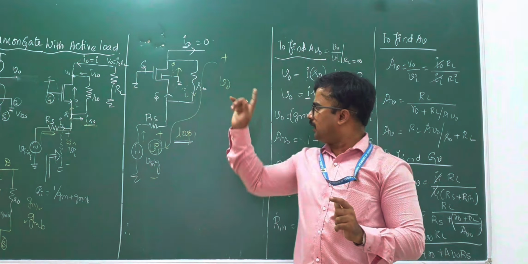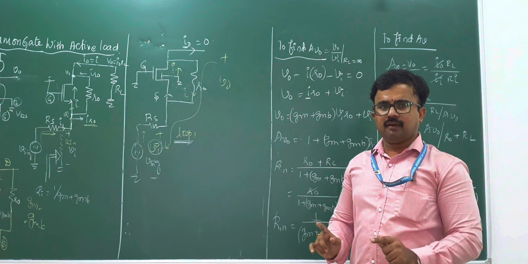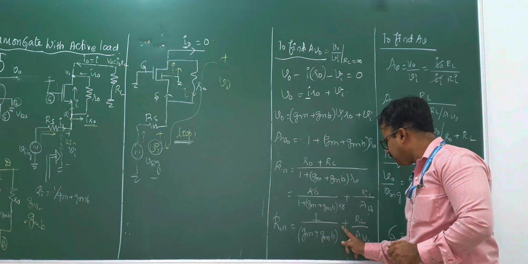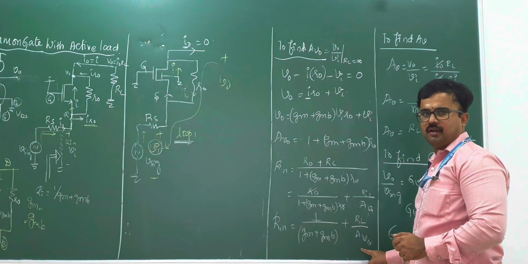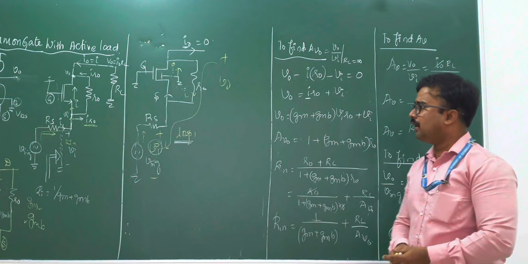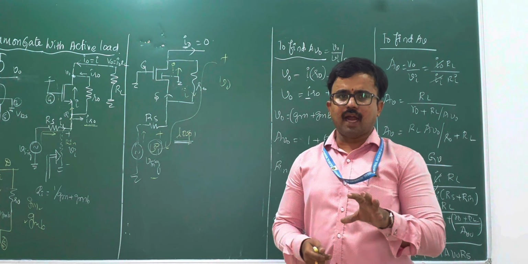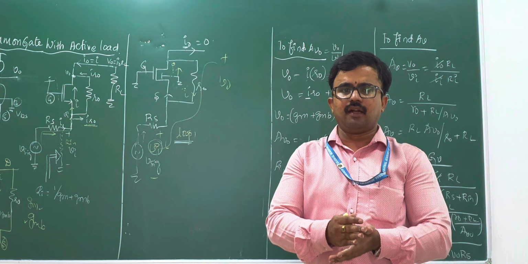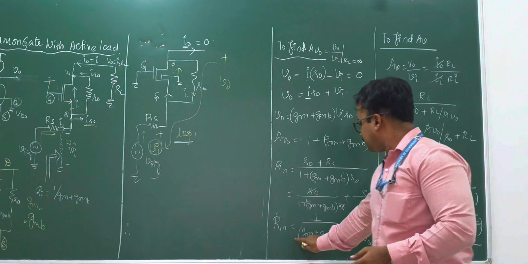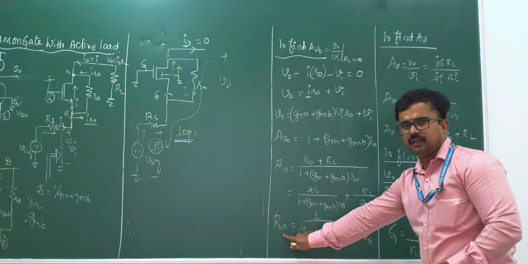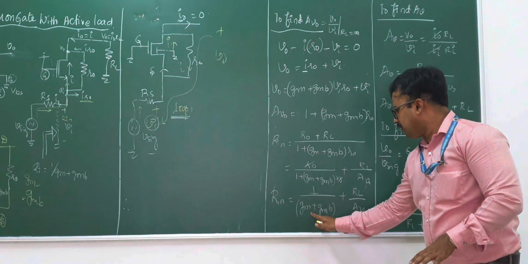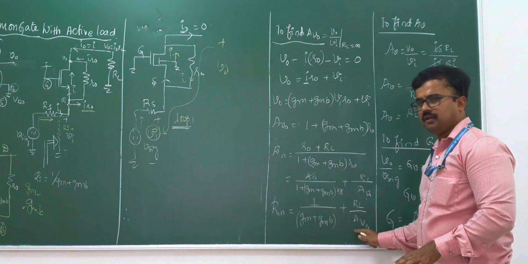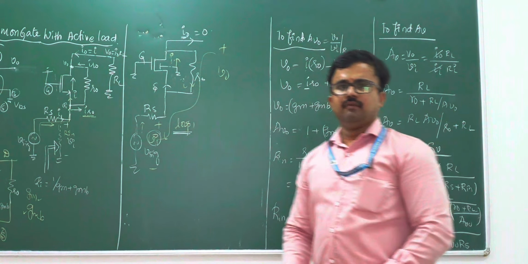When R0 is considered in this case, there is an additional term, in terms of 1 by (gm plus gmb) plus RL by AV0. This is the additional term which you can observe for a common source amplifier with active load when R0 is considered. So this is the equation you can observe over here: 1 divided by (gm plus gmb) plus RL divided by AV0. So this is the input impedance which you need to consider.